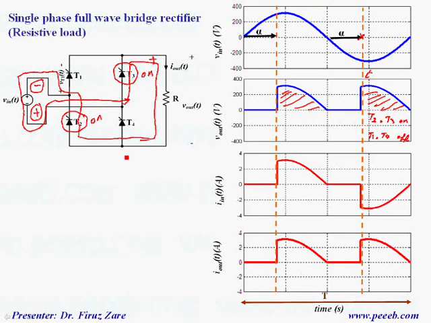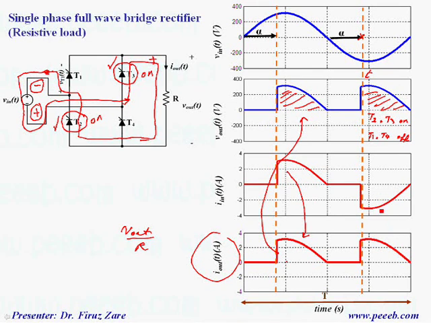What about input current? Because we have a resistive load, output current is basically output voltage over resistor. That means the output current waveform is similar to the voltage waveform. For the first half cycle, the input current is the same as the output current, but for the second half cycle, because of turning on these thyristors, the direction of current is changed.